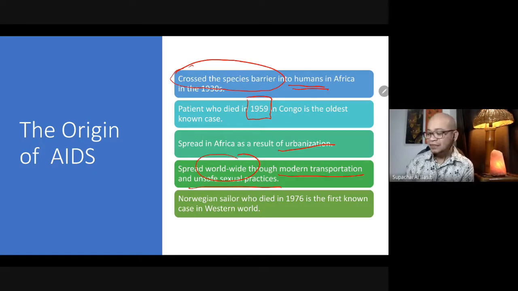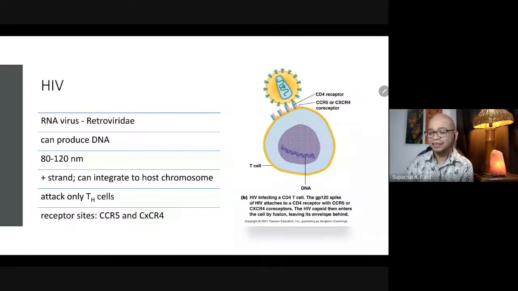In 1976, the first known case in the Western world was a Norwegian seaman who traveled to different countries, and that's probably how he got the HIV infection.